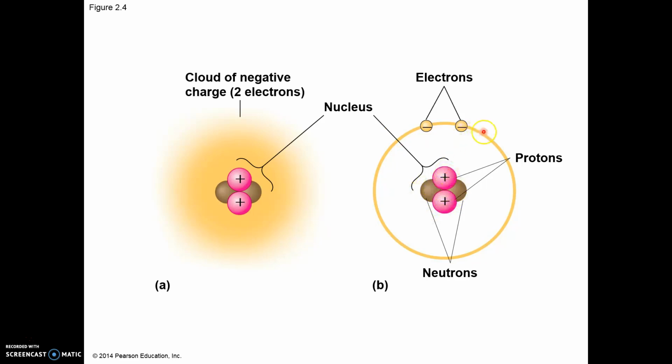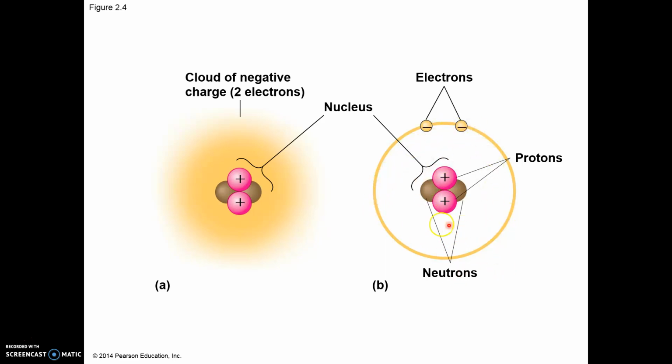So you can imagine that maybe the nucleus is the yellow yolk of an egg, and the electrons are on the surface, on the shell. And what we're looking at is a cross section.